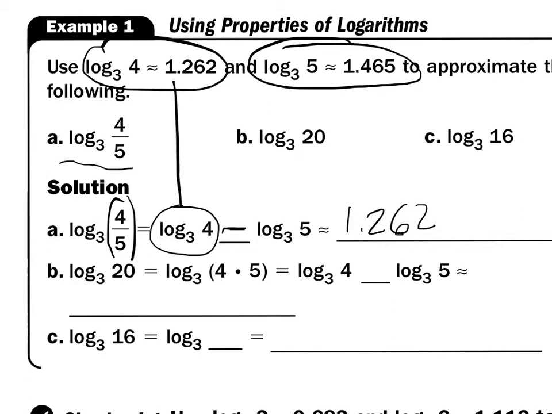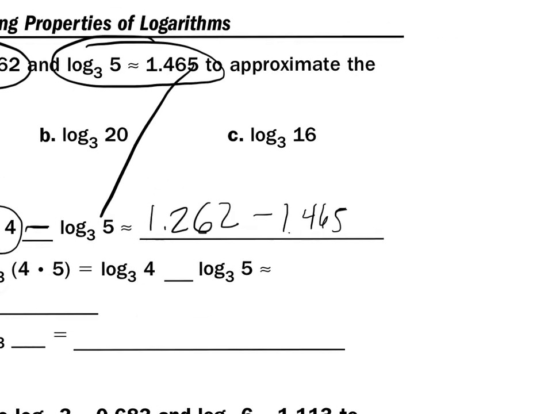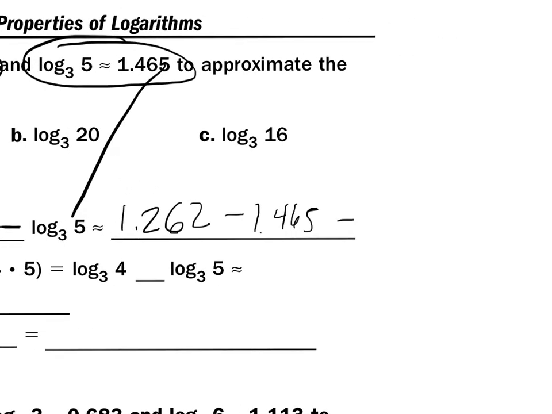So we just have to do that minus the log base 3 of 5, which we know is 1.465. And if you do the subtraction there, I think you get negative 0.203. So we know that the log base 3 of 4/5 is about negative 0.203.